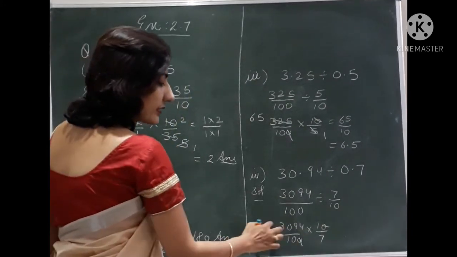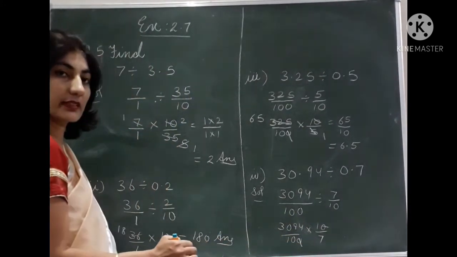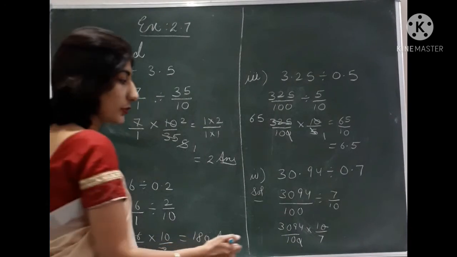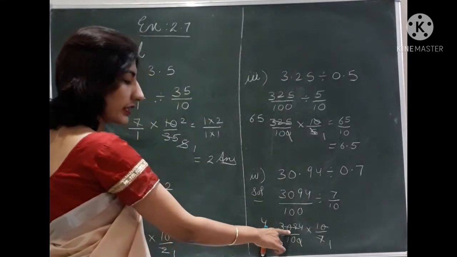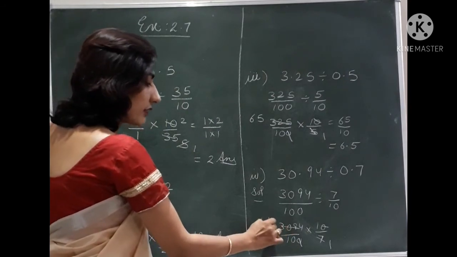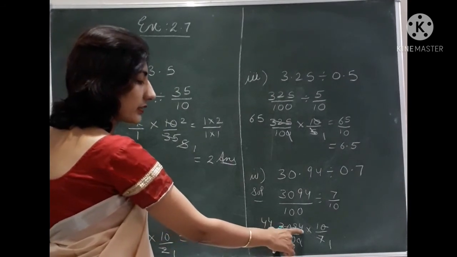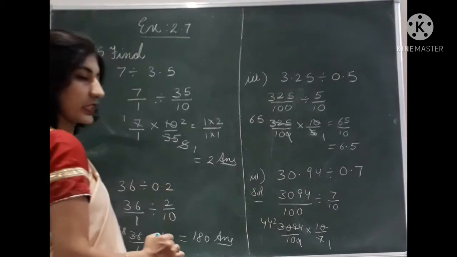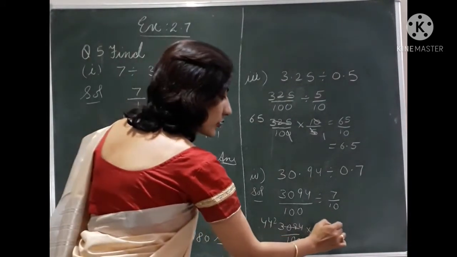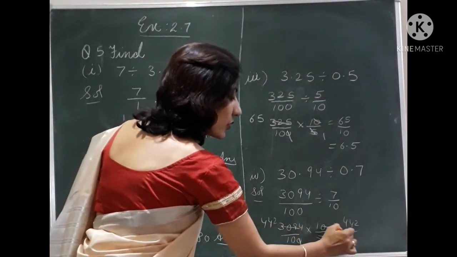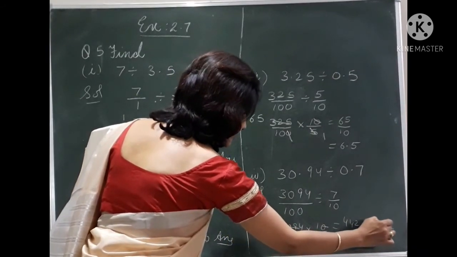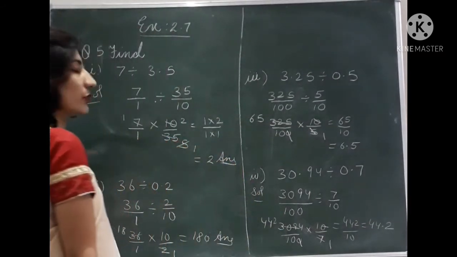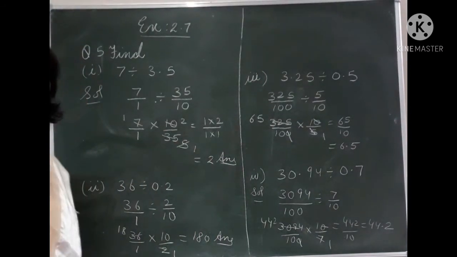Now we will divide this 3094 by 7 and see whether it is divisible totally or not. 7 ones are 7, 7 fours are 28, remainder 2, then 29, 7 fours are 28, remainder 1, then 14, 7 twos are 14. So it is completely divisible. So I am left with 442 upon 10 which is equal to 44.2. This way all parts of question number 5 can be done.